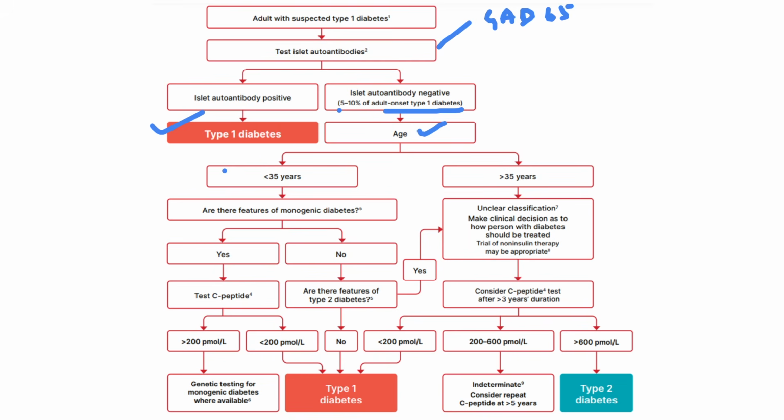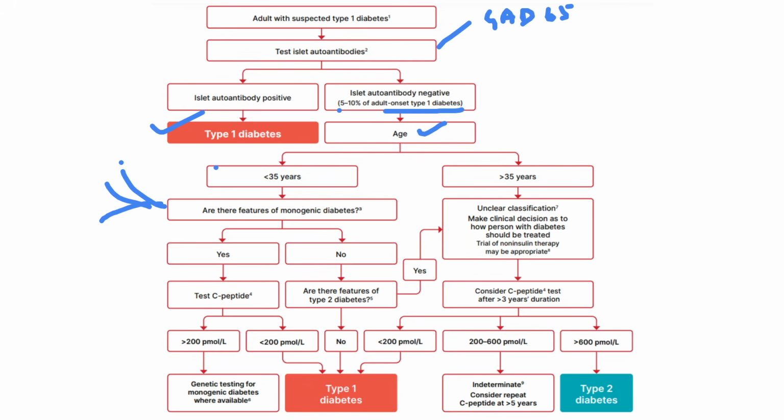So if the age is less than 35, we see whether there are any features of monogenic diabetes. What are these features? These patients usually have HbA1c of less than 7.5 at the time of diagnosis, and at least one parent with diabetes mellitus. Some specific monogenic causes can be identified if there are renal cysts, partial lipodystrophy, maternally inherited deafness, and severe insulin resistance in the absence of obesity.